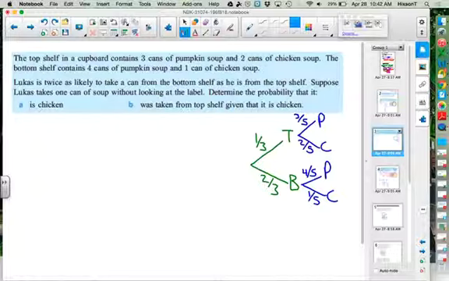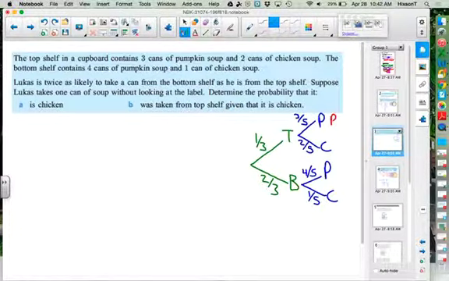Yes, you would. So, if I want the probability, and we'll fill this in even though the question isn't asking for it, if I want the probability that I pick the top shelf and pumpkin, I'm going to multiply. So I get 1 times 3 over 3 times 5, which is 1/5.